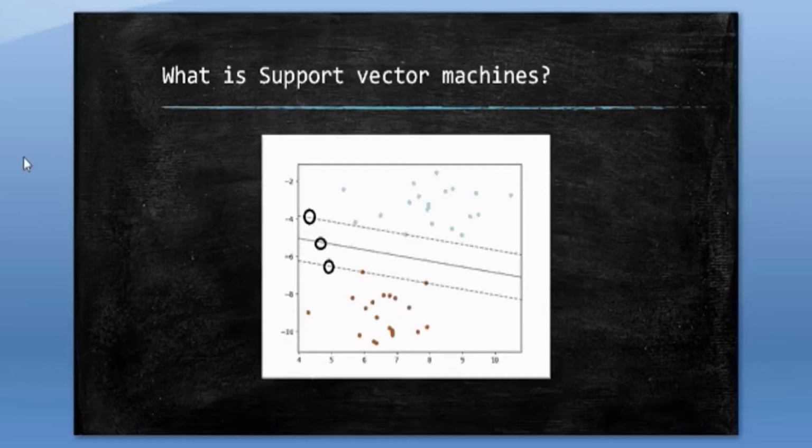The red dots are the first class, and the blue dots are the second class. So can you predict which line of the three lines will be our SVM line, or will separate the two classes?